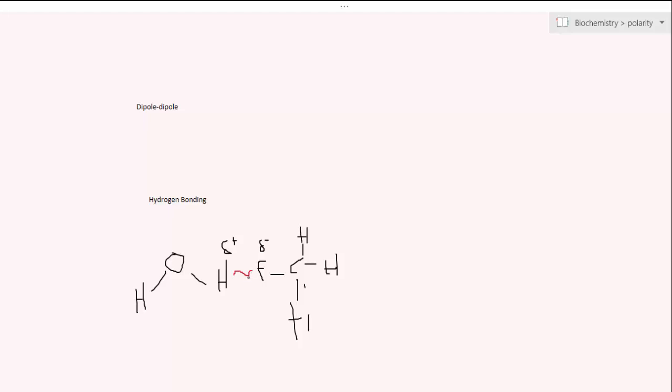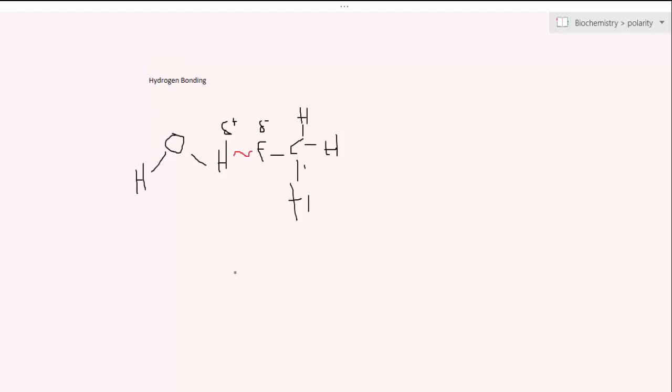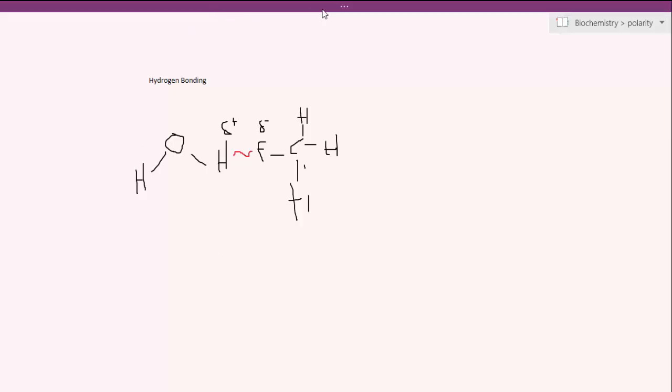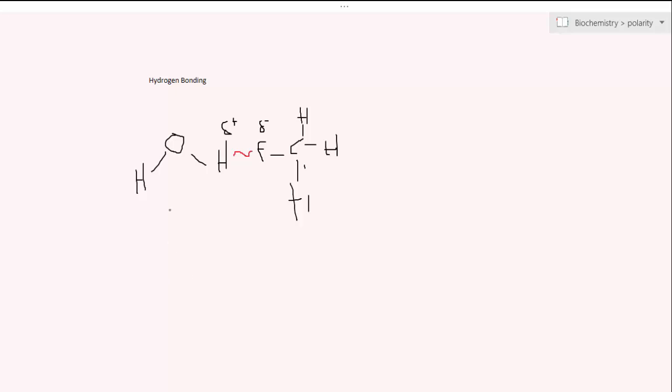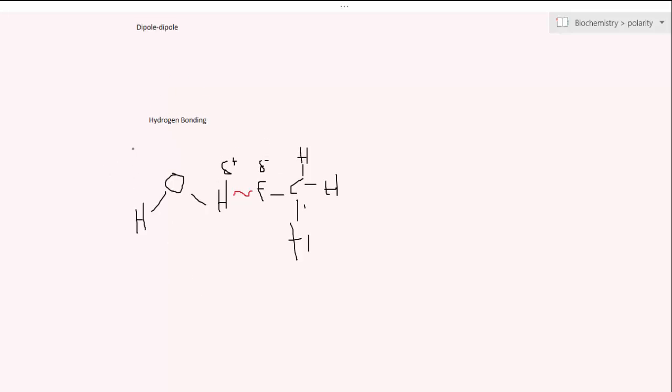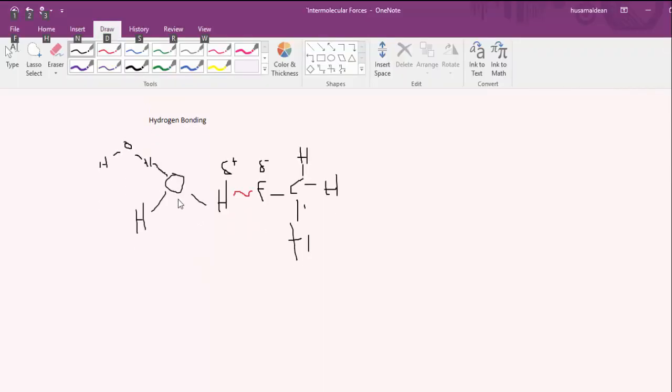The interaction between them is hydrogen bonding. This is a hydrogen bond. A water molecule can make two hydrogen bonds. Let's draw another one like this. This is a hydrogen bond, commonly drawn as a dotted line.